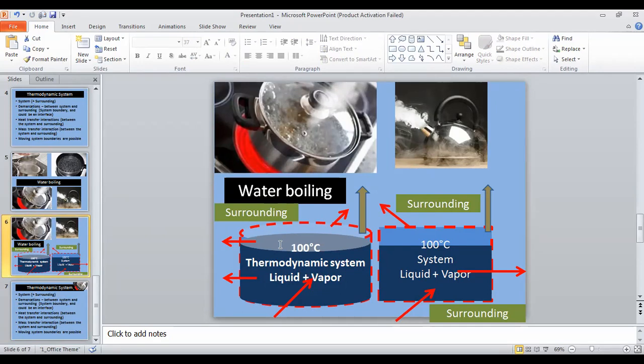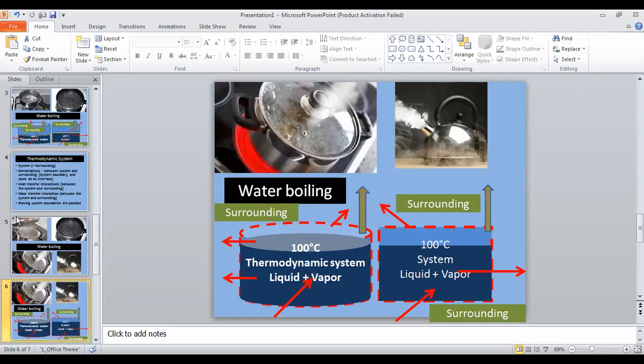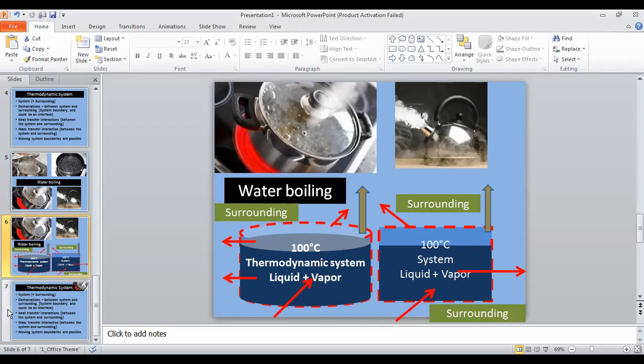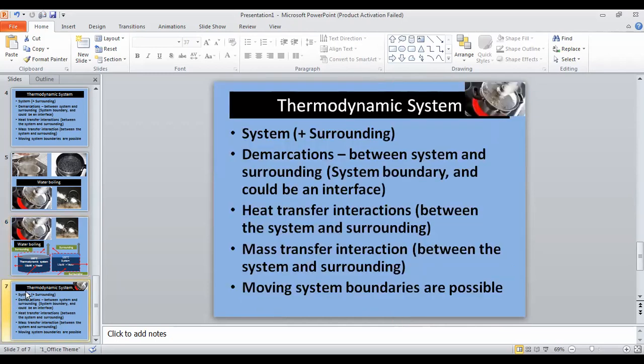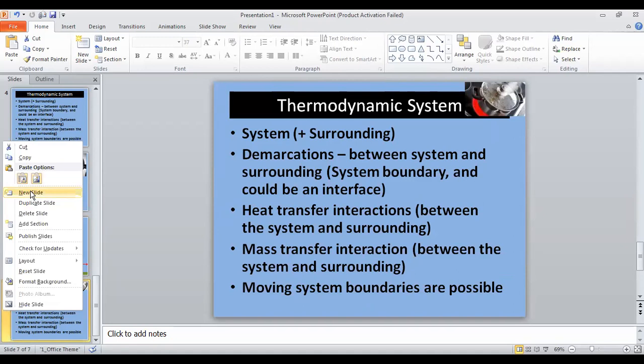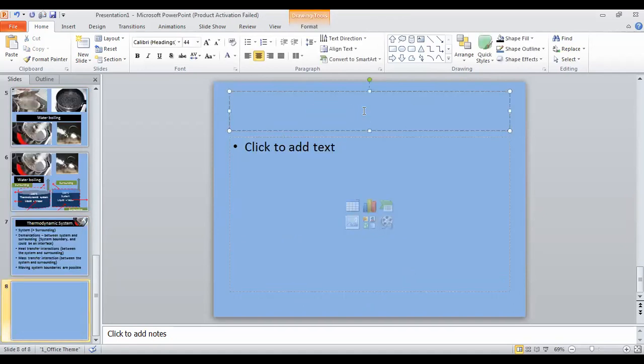You may feel that you have understood something. Okay, you may feel you have understood something. That is interesting. So here you may notice that there are two-phase systems. Two-phase.